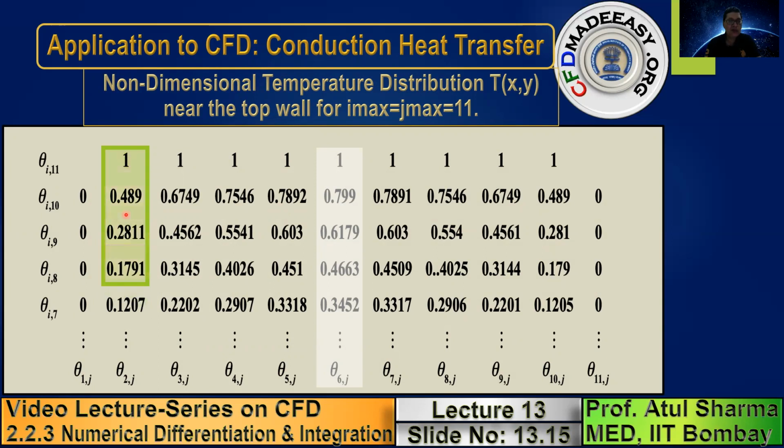And if you use 4 points, here you can use third order backward differencing. So basically you can increase the number of points inside the domain, and you can use a higher order one-sided, here backward, differencing to do numerical differentiation.